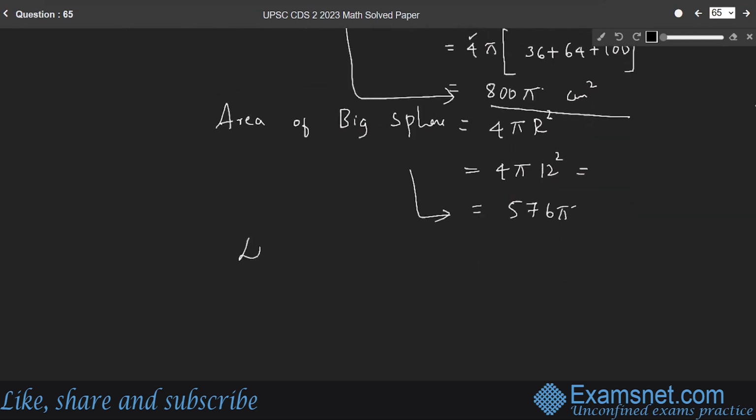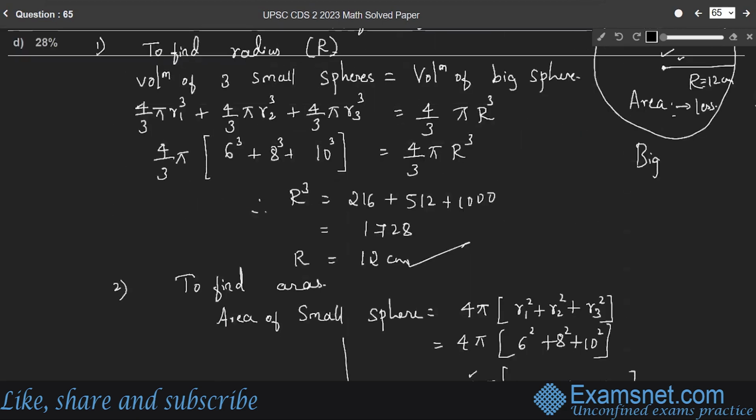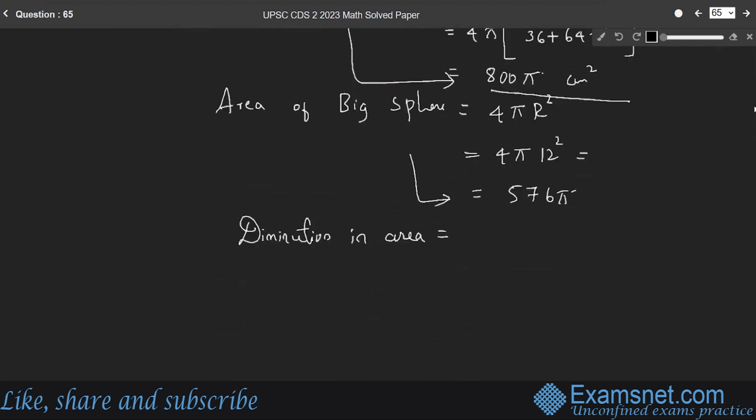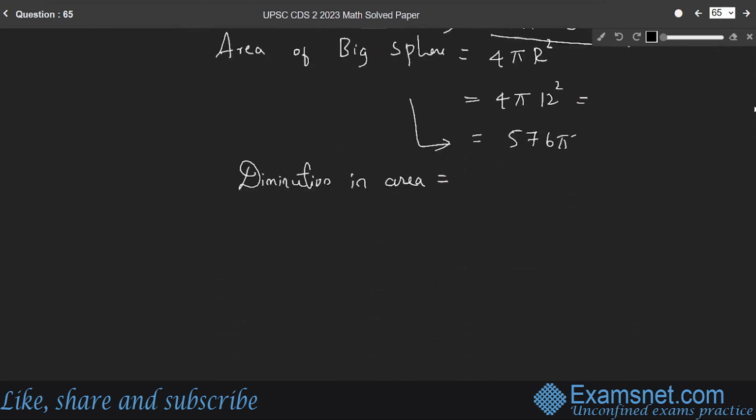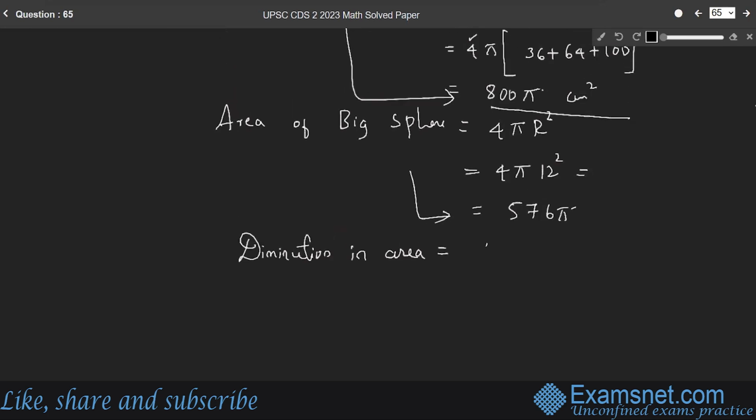What is the diminution in the area? Compared to the sum of the areas of the small spheres, the area of the big sphere is less, though the volumes are the same. So there is a difference in their area. That diminution, the less in area, is 800 pi minus 576 pi. This difference is 224.